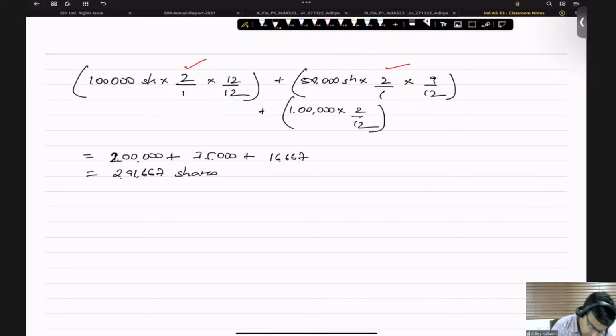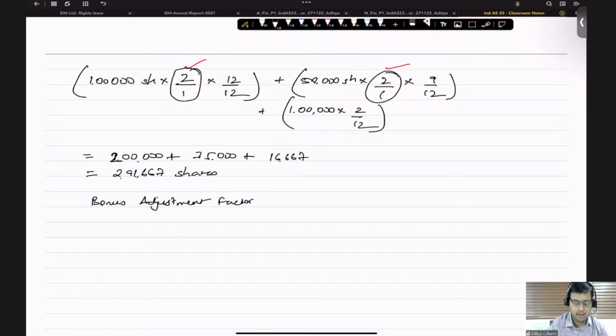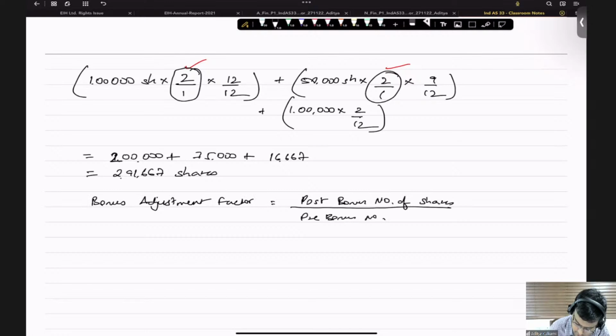Okay. So 2,91,667. So what is this 2 by 1? This 2 by 1, we call it a bonus adjustment factor. What do you mean by bonus adjustment factor? Nothing much. It is post-bonus number of shares divided by pre-bonus number of shares.